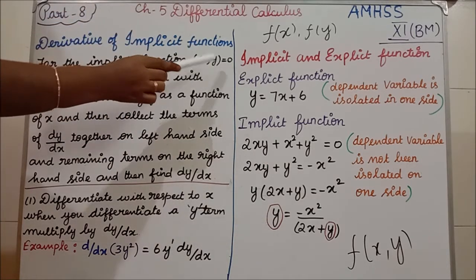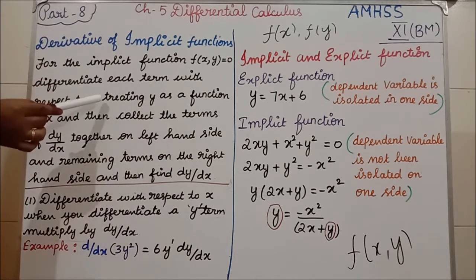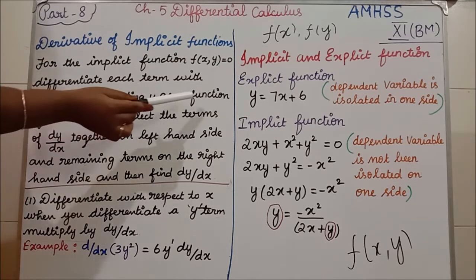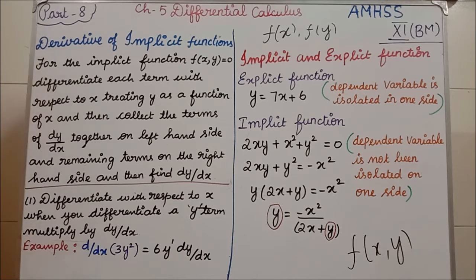Similarly, y also you have to differentiate with respect to x, treating y as a function of x. Clear? And then collect the terms of dy by dx together on the left hand side.